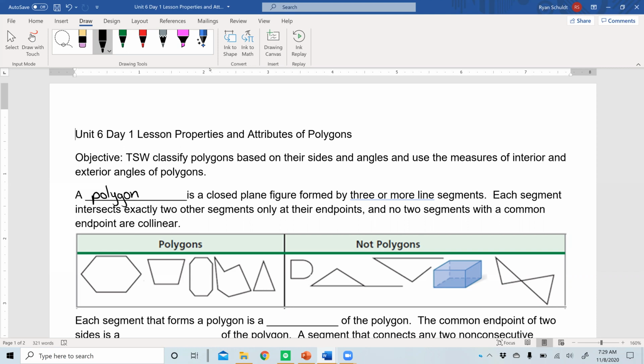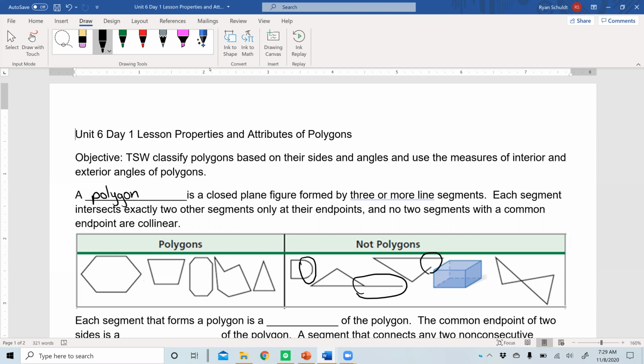So down below we have several examples of polygons, and then we've got several that are not. So let's think about why they're not. This first one has a rounded side. It can't be rounded. There has to be a line. A line is straight. Next one, we've got this little tail out here. That makes it not a polygon.